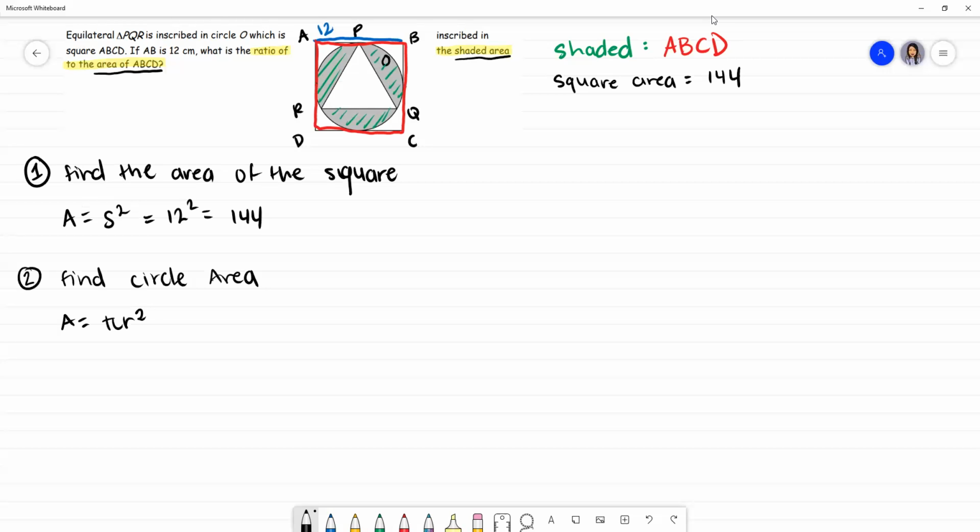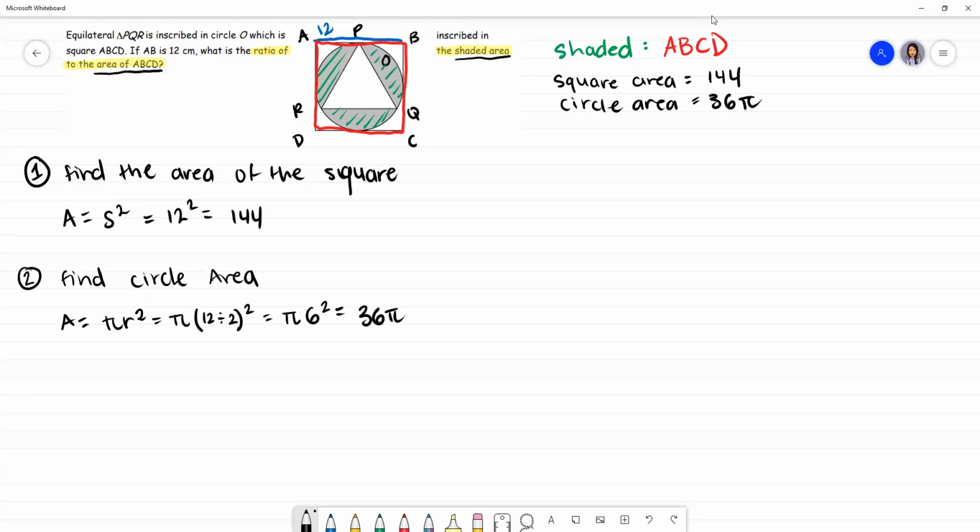So if we do that, pi times 12 divided by 2 squared, it's also pi times 6 squared, which is equal to 36 pi. And that's our circle area. So circle area is 36 pi.